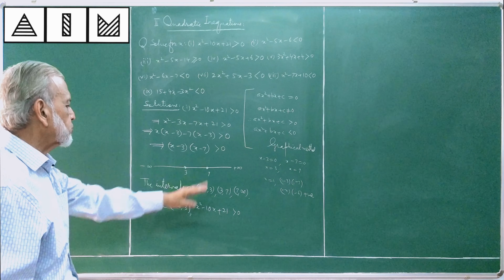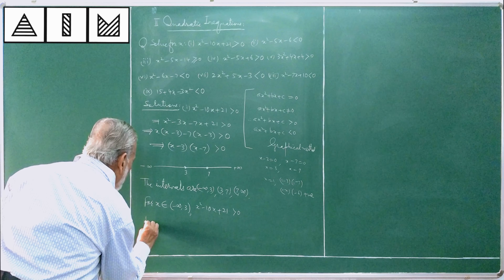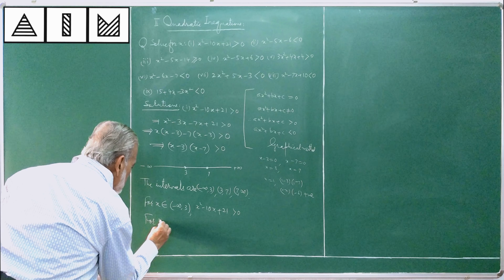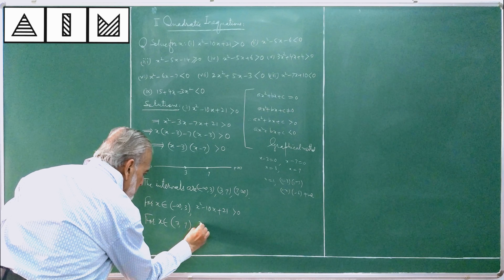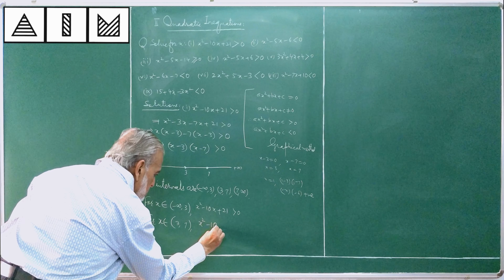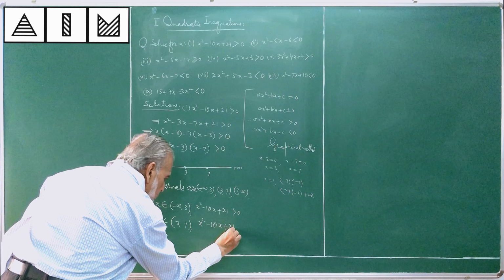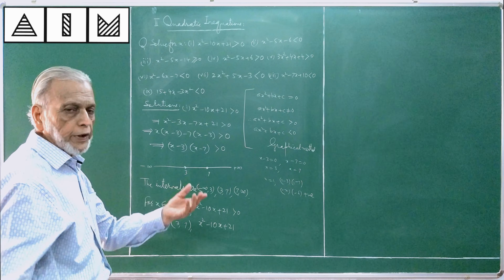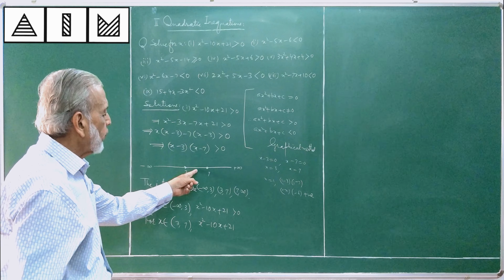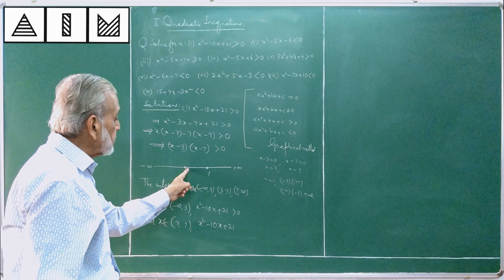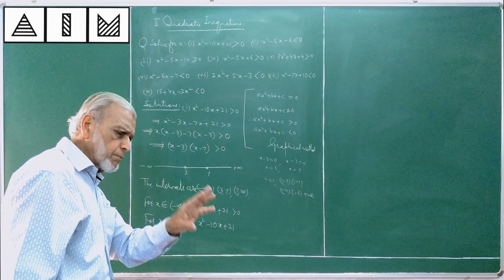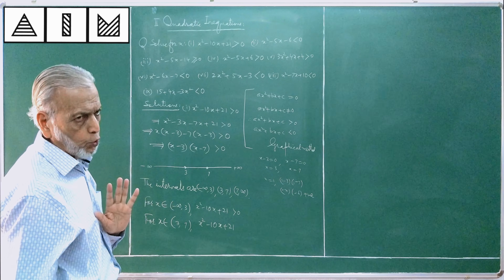Now move to the next interval, 3 to 7. You can take any number in this interval: 4, 5, 5.3, 6.9, 3.01. Any number you can take in this interval. I am taking 4.